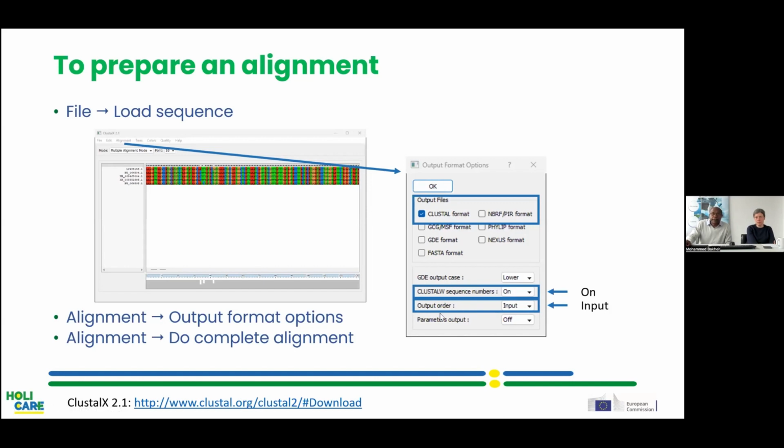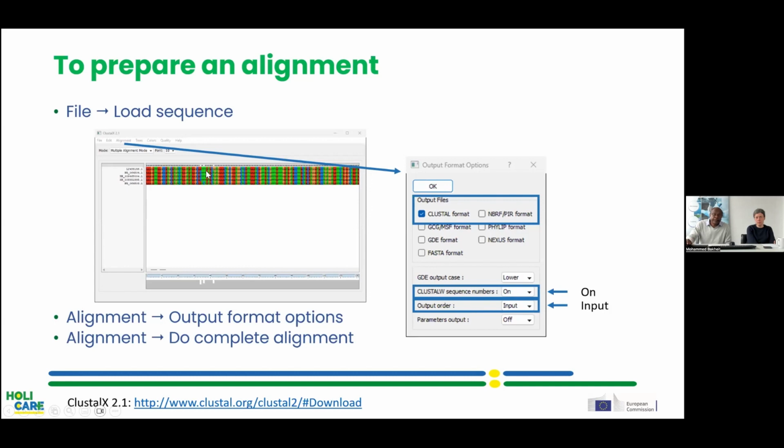The output order is also important. You can keep this as the input order, or you can leave it for the program to decide which sequence should be at the top.